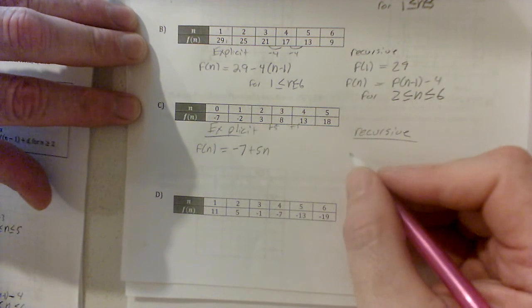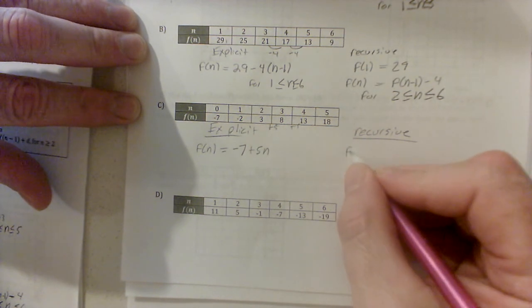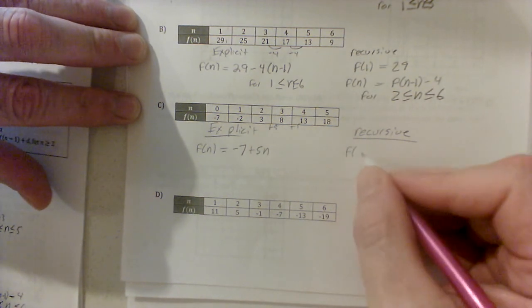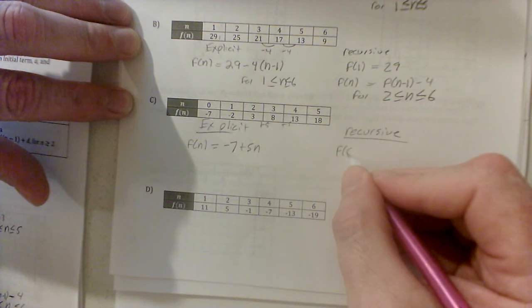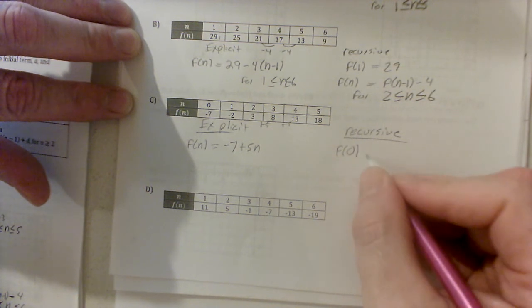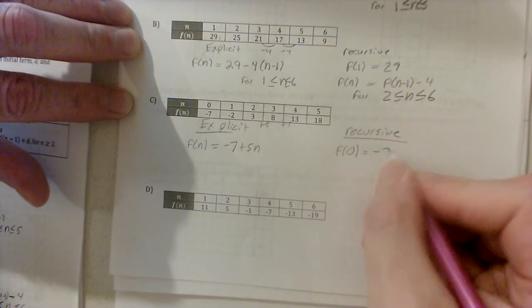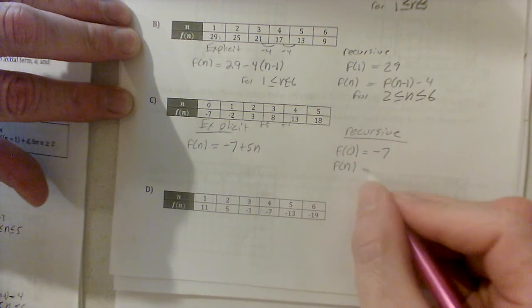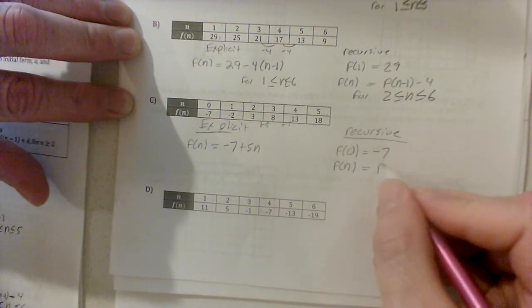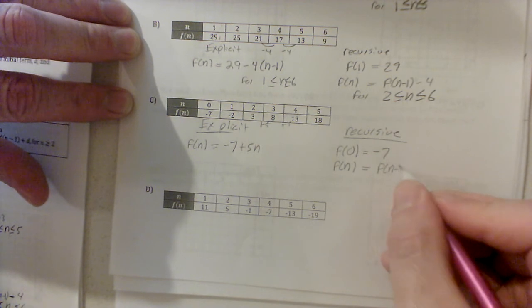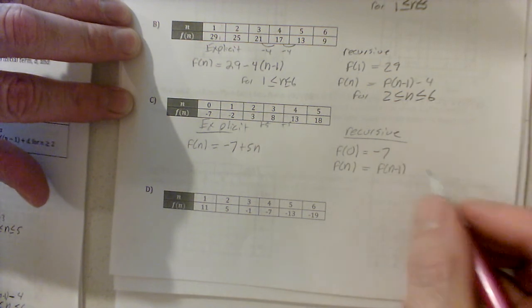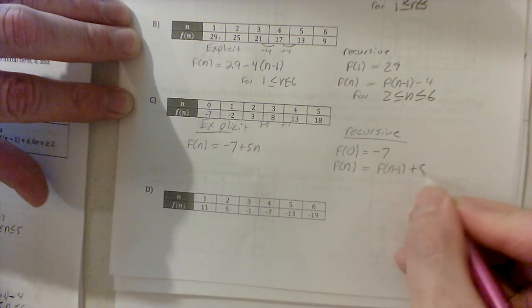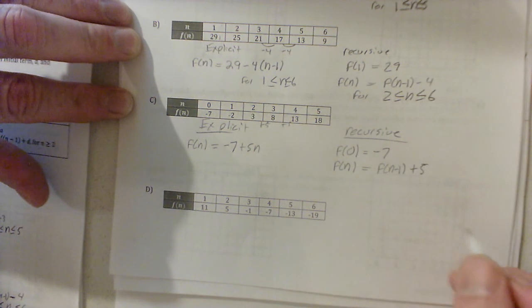Let's do recursive. f of 0, my starting spot, equals -7, and f of n equals my previous term plus 5, right there.